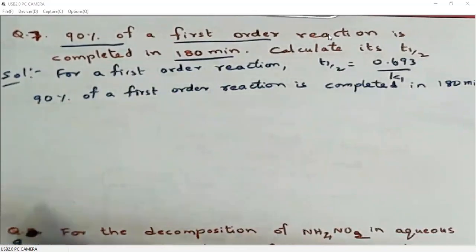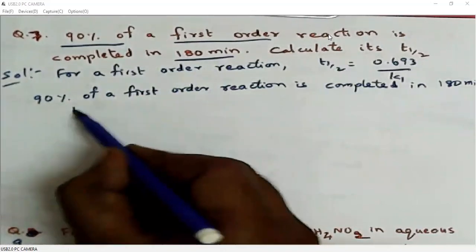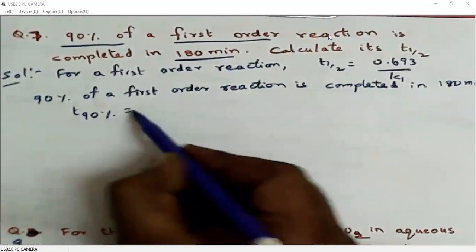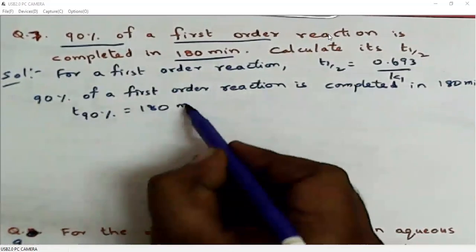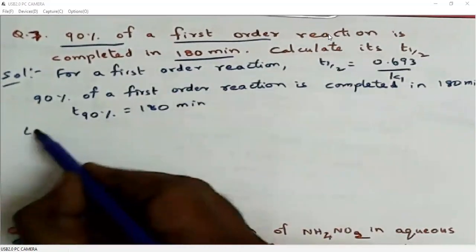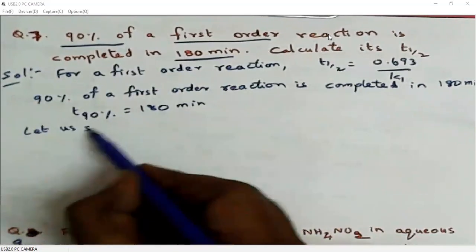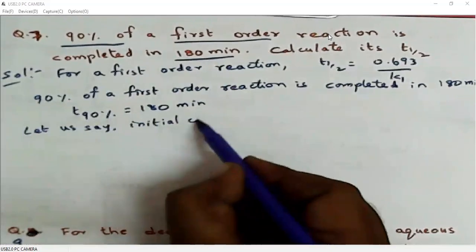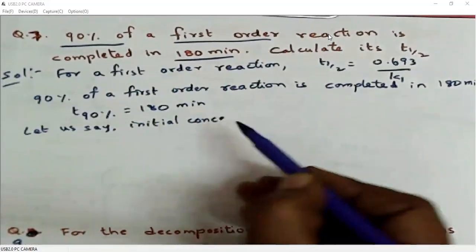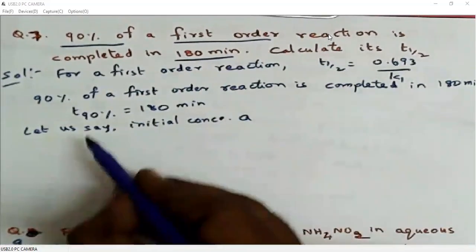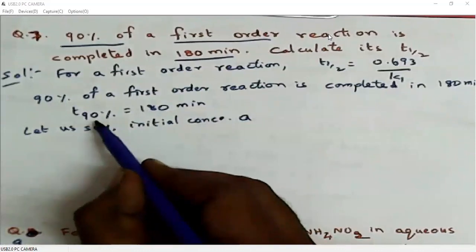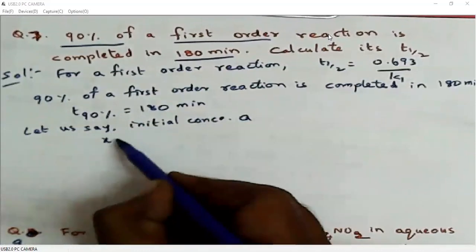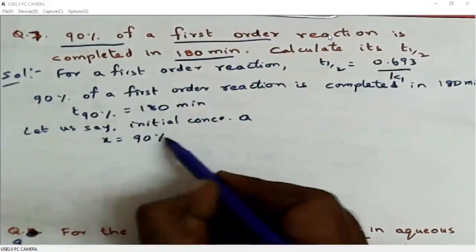That means they have given T 90% is equal to 180 minutes. Now let us say the initial concentration of the reactant is A. So for a reaction to be 90% completed, X must become 90% of A.